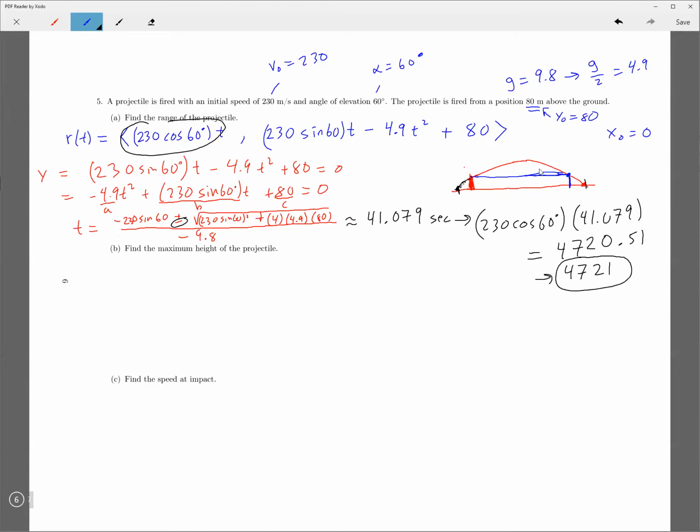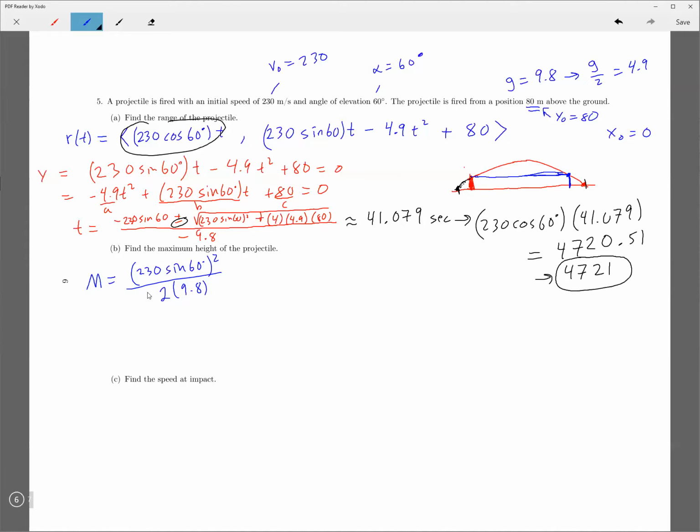But if you use the maximum formula from the front page, in this case it's 230 sine 60 degrees squared over 2 times g, so 2 times 9.8.